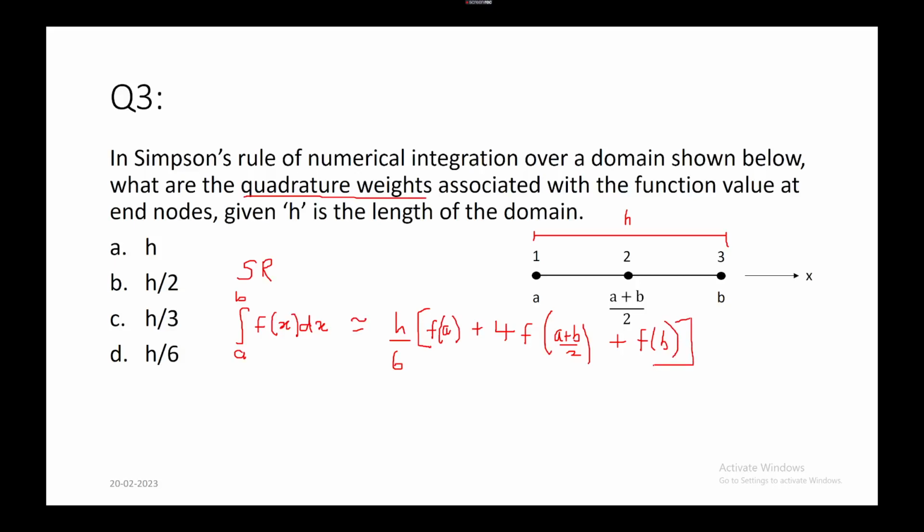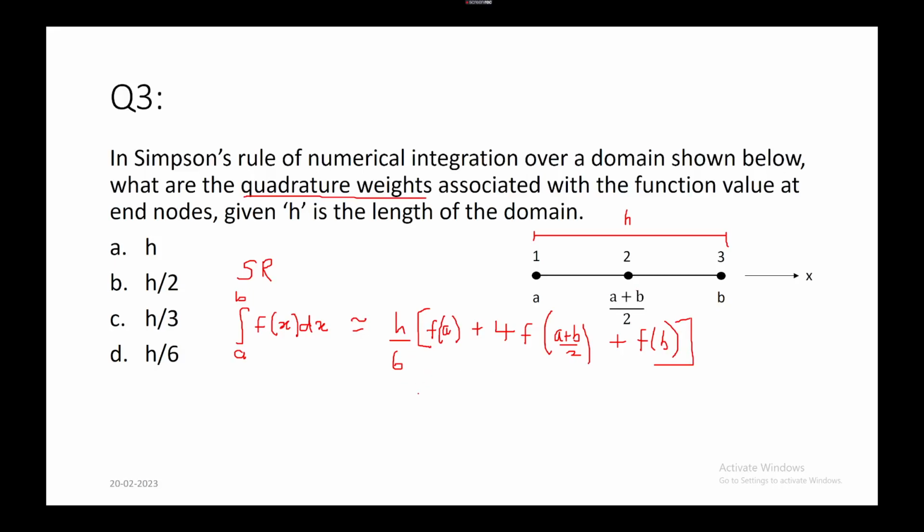So we already saw that this formula arises because we are doing a quadratic interpolation. So you are interpolating the f of x using a quadratic function. So that takes into account the values at the end nodes a and b, and also the value of the function at the midpoint, which is a plus b by 2. So that is what is written here.